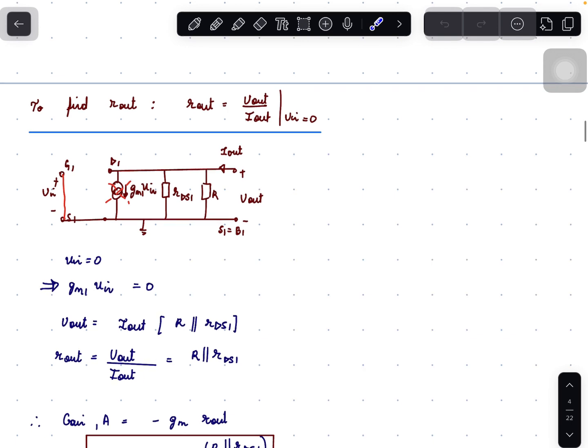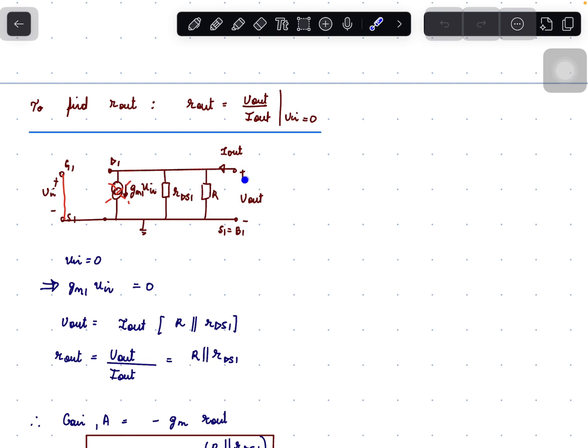Let us find Rout. Rout is nothing but Vout by Iout when Vin equals 0. So short Vin to ground, which means VGS1 equals 0 or Vin equals 0. So the voltage controlled current source becomes open.